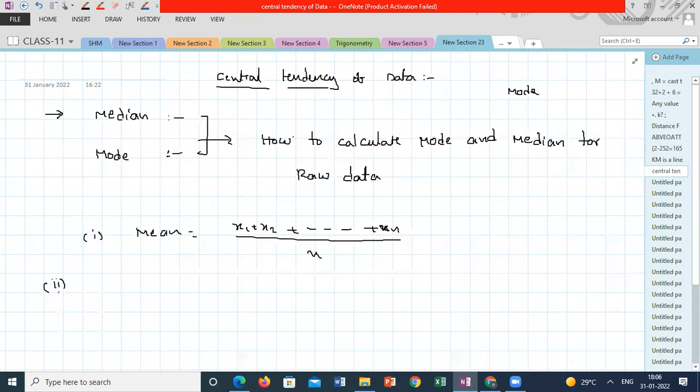So how to calculate median? Anyone can recollect how to calculate the median? Students, hope you are understanding my question, please. Please let me know how to calculate the median.